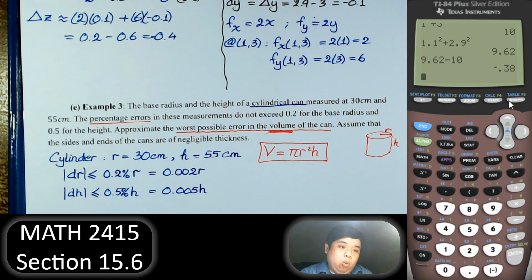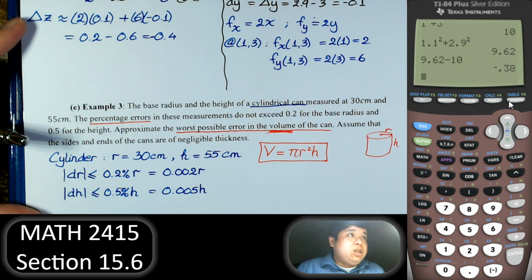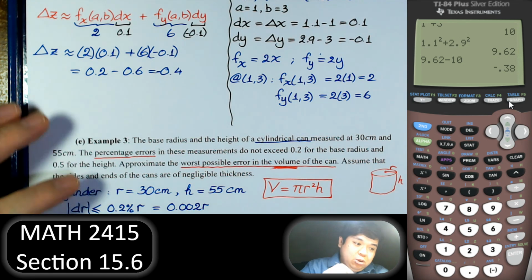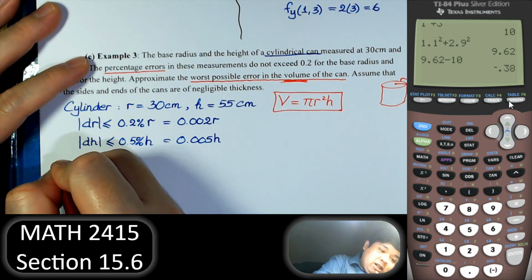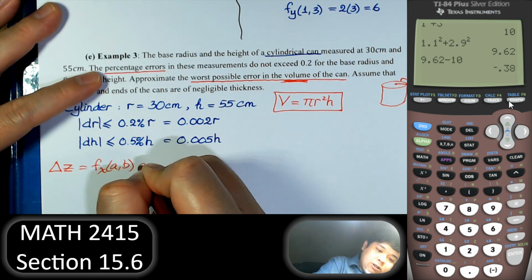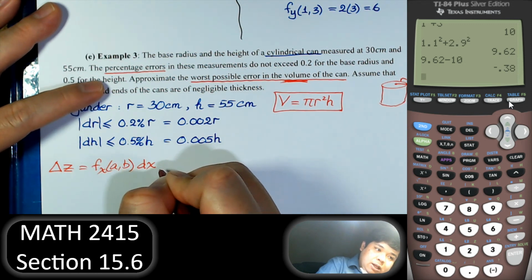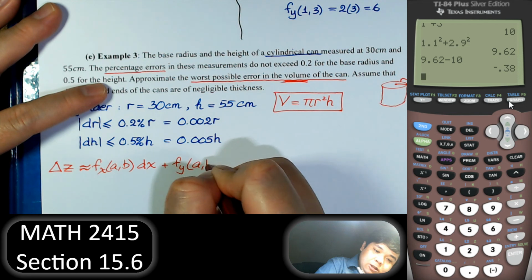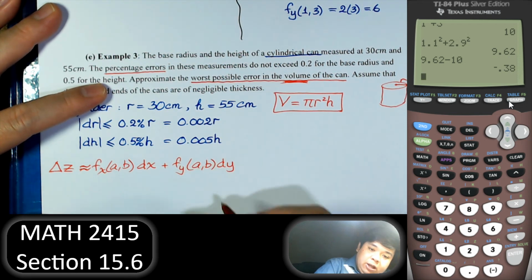And now they ask, what will be the worst error in the volume? So what do we do here? Instead of writing in that form, now I use V instead of z, and r and h instead of x and y. So instead of writing delta z, this is approximately equal to... now we use a different variable.